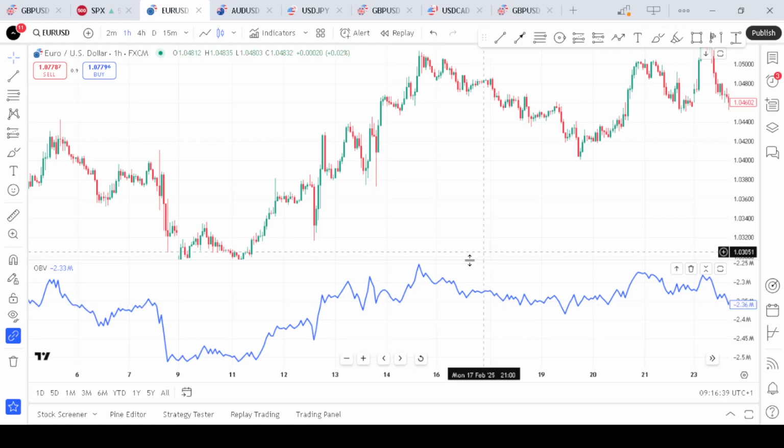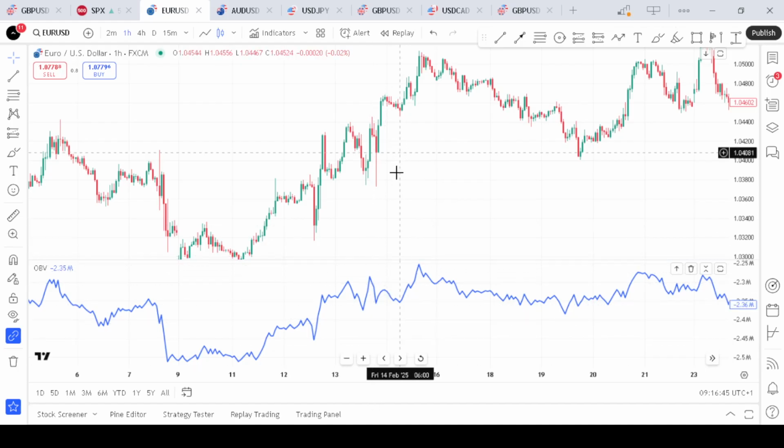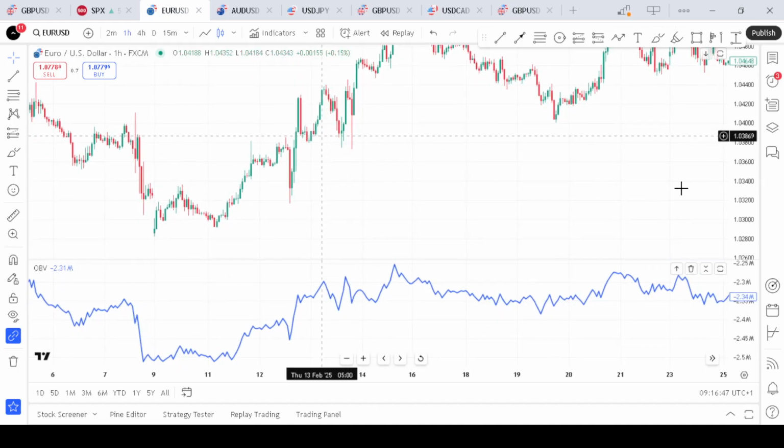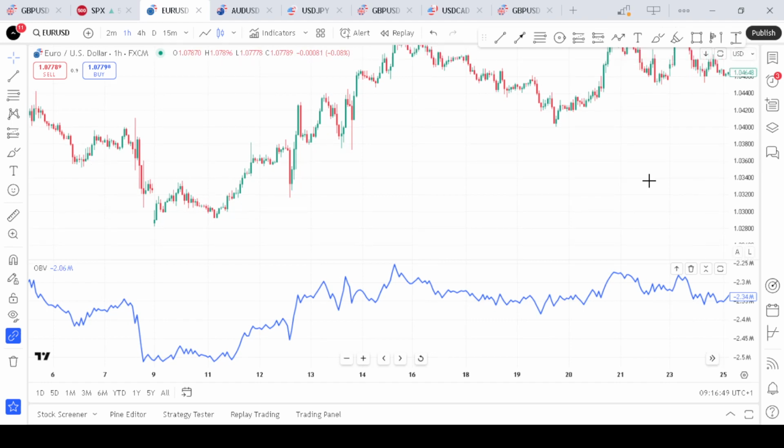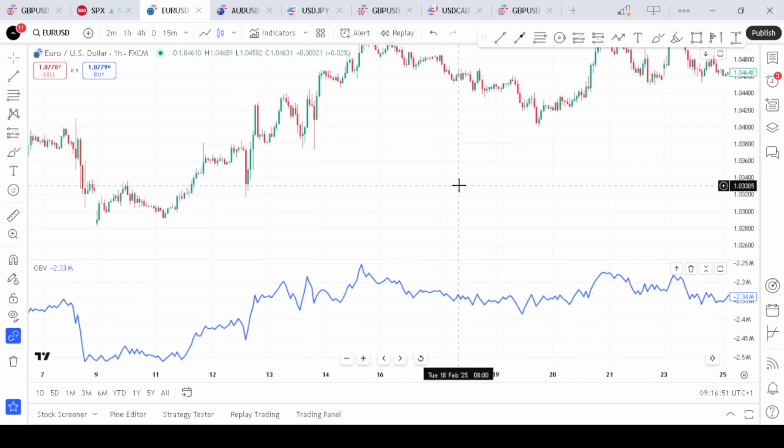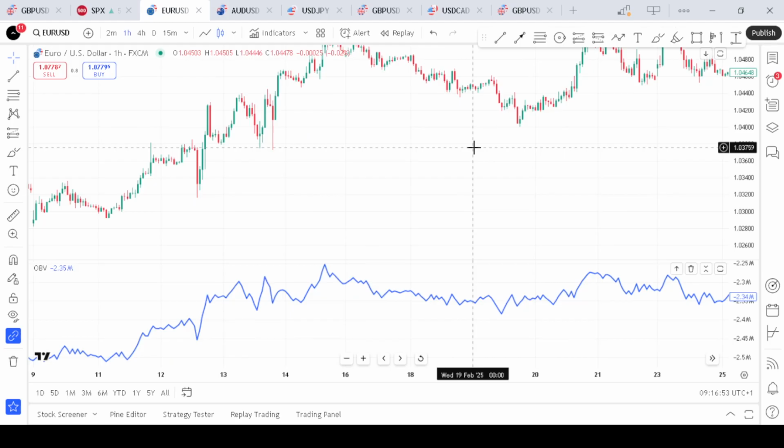So let's see how we can implement this OBV in our day trading strategy. We have to first start by analyzing the morning trend. We begin by analyzing the OBV during early trading hours to gauge the initial buying or selling pressure.